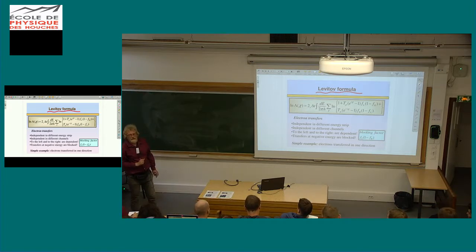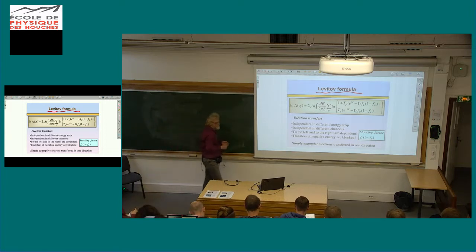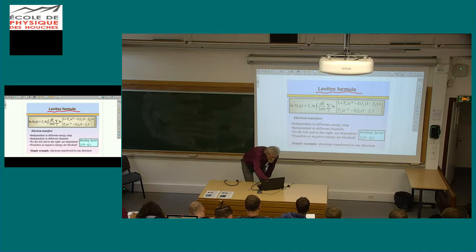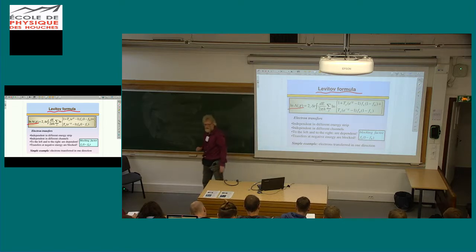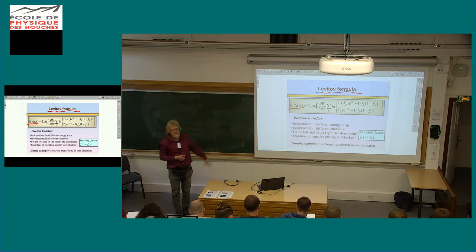Rather involved expression. But we can understand all the physics if we recall what I told you. For independent events, the characteristic function factorizes, so that logs of these functions are additive. All right, so we have the sum over two spin projections.